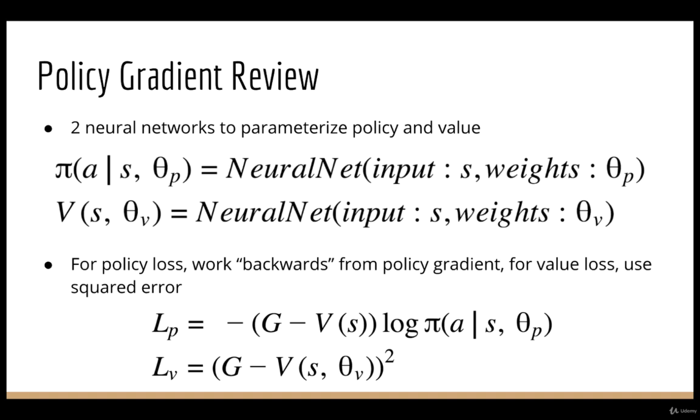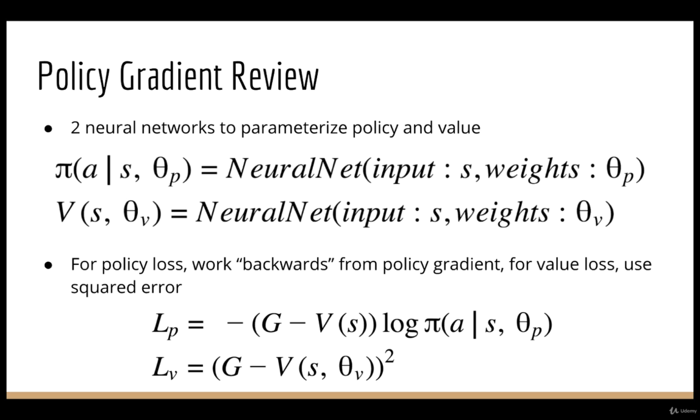First, let's review more closely how policy gradients work. As you recall, we're going to have two neural networks, the policy network and the value network. We can imagine that the policy network outputs pi, the policy, and the value network outputs v, the value. These networks have the weights theta p and theta v, respectively. The objective for the policy is derived by sort of working backwards from the actual policy gradient itself, or in other words, taking the integral of the gradient.